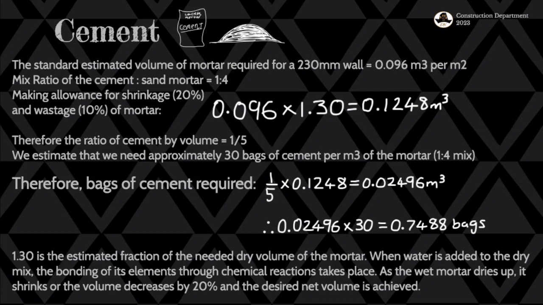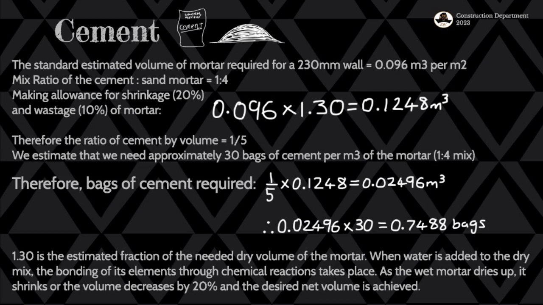We just say the 0.096 cubic meters per square meter, which is the standard that we have seen for mortar, multiplied by 100% plus 30%, the same method we used for the bricks, where we said 100% plus 5%. In this case, we're saying 100% plus 30%, allowing for shrinkage of the mortar and the wastage of the mortar during use.